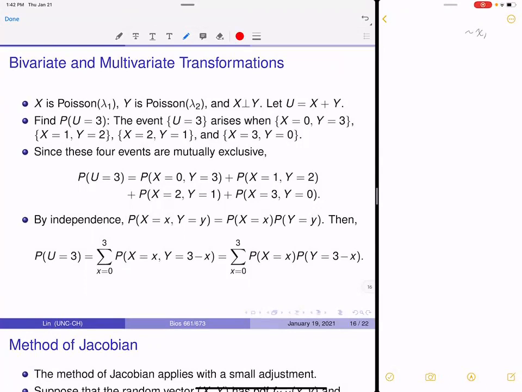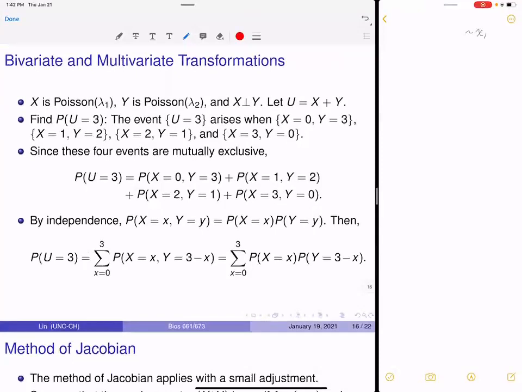So again, for a discrete random variable, even if it's a bivariate transform, it's still nothing but enumeration, nothing but counting. For example, bivariate: x is Poisson lambda 1, y is Poisson lambda 2. If x and y are independent, consider deriving u as x plus y.